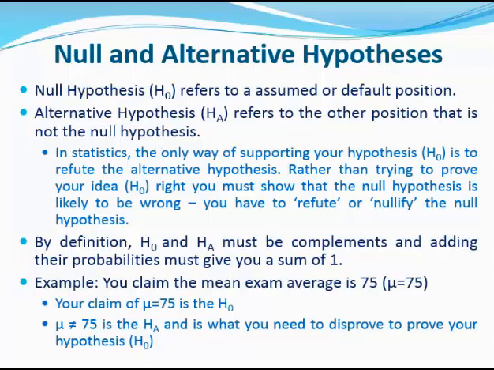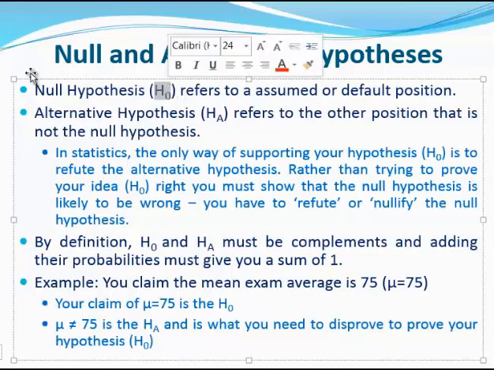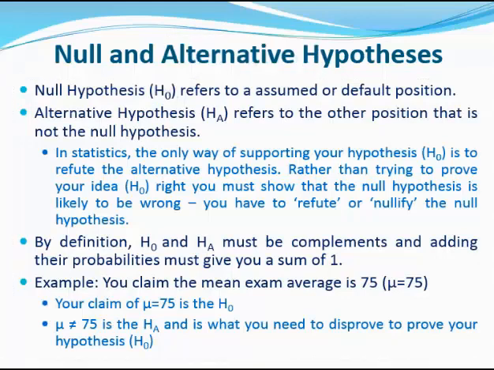And if one is true, then the other is inherently not true. The null hypothesis, whenever you're talking about a statement that you don't know for certain whether it's true or not, and that's what statistical analyses are all about, is referred to as H0, H for hypotheses, and 0, the first one, the initial one, refers to the assumed position or the default position.